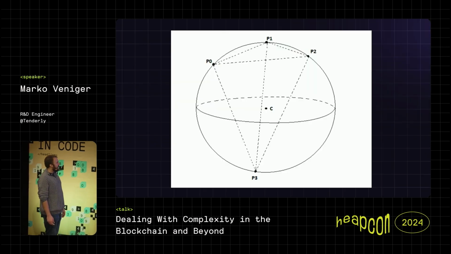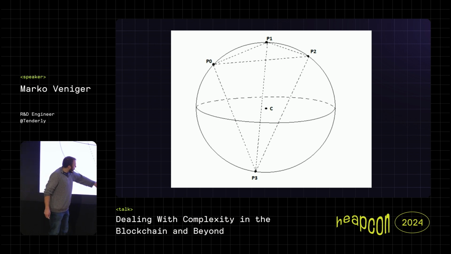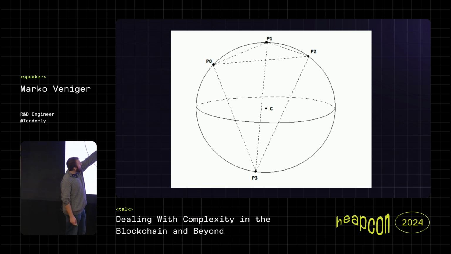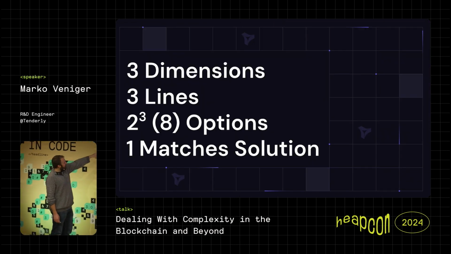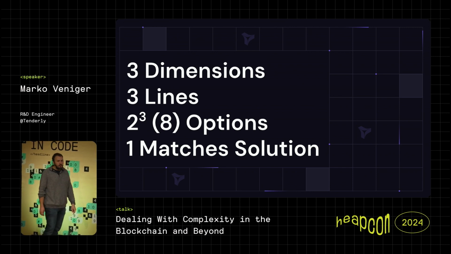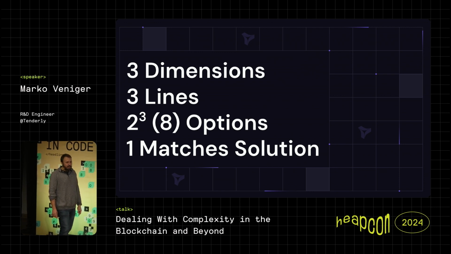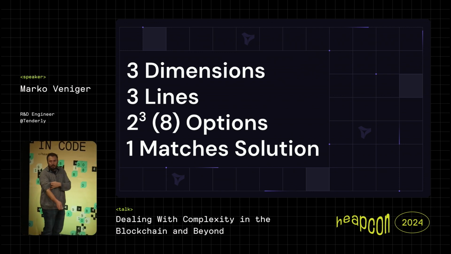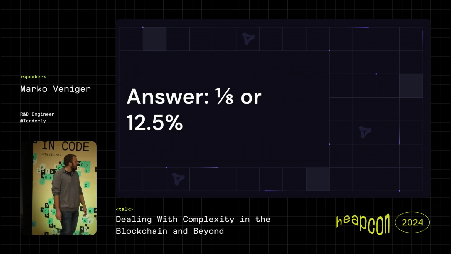And if we try to generalize into 3D, to do the same, we would have to pick the point P3, pick 3 random lines, then toggle one or the other, do a coin flip, whatever, and then we would get 3 dimensions, 3 lines, 2 to the 3rd options, which is 8 options. And what's the solution to the problem? Anyone? Come on. From this one, it's a bit easy. It's 1/8. It's just 12.5%.